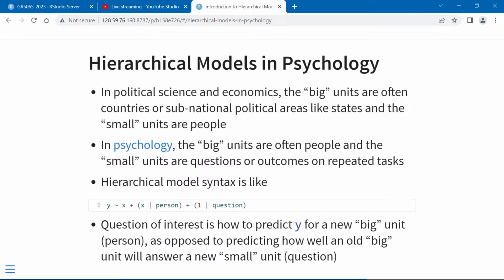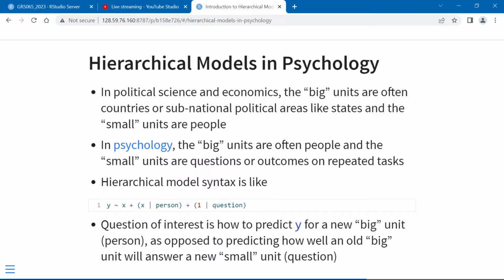Heterogeneous. And then we also have some of this where we allow the intercept that goes into the outcome to vary from one question to the next. And so most of the psychology experiments, they'll ask you like 20 questions, or they'll ask you to do 20 related things.